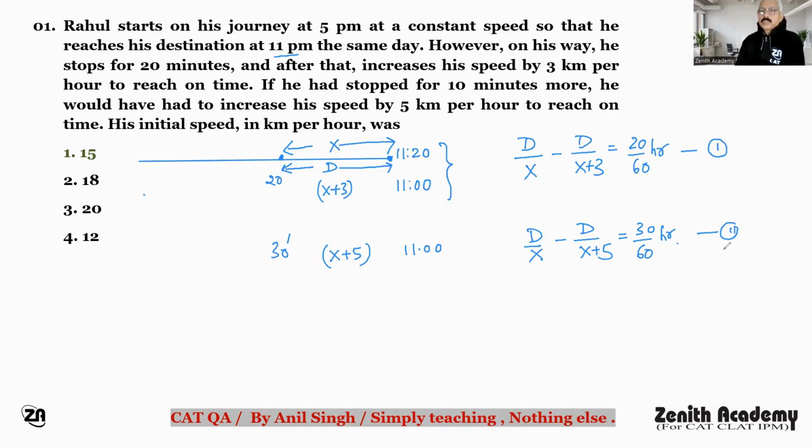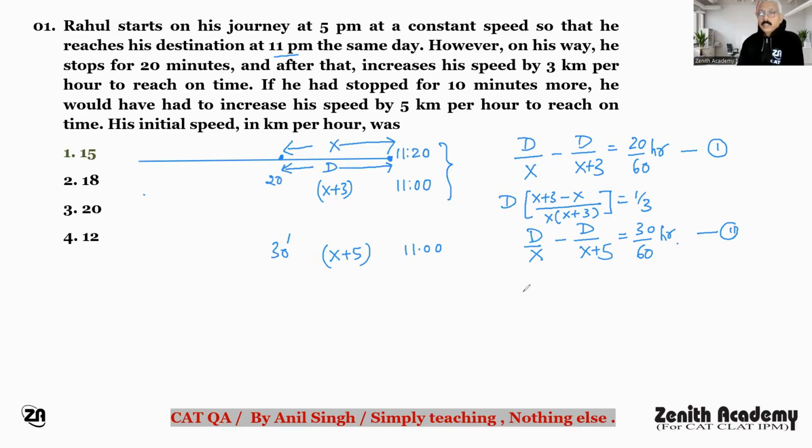By equating these two equations, we can get the value of x. So from equation number 1, this d is going to be x into x plus 3, and here x plus 3 minus x is equal to 1 by 3.